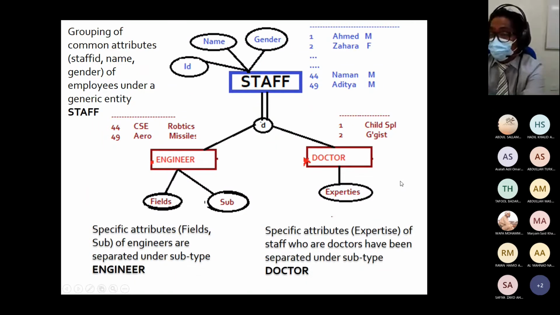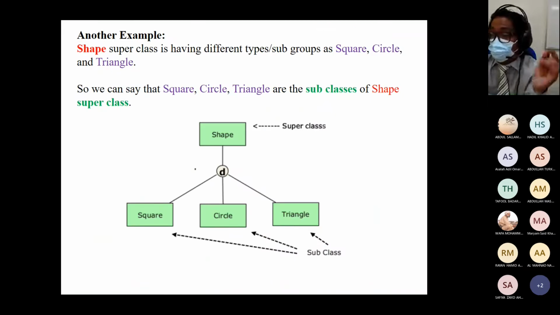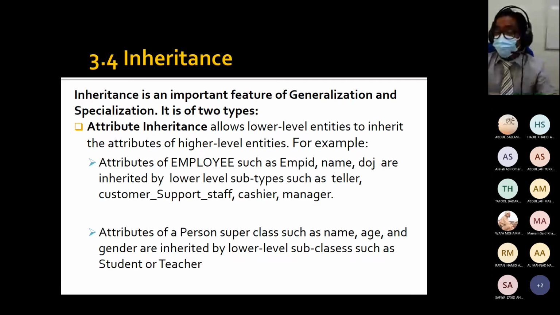It only makes sense that the subtypes are these fields and sub, or those attributes, and the supertype would be all of their common attributes. Right? But we're talking about superclass and subclass. At least now you know. That's why I told you in the first place, superclass and subclass are like your higher level and your lower level, just like what we started with on generalization and specialization. Okay, it's pretty much the same.